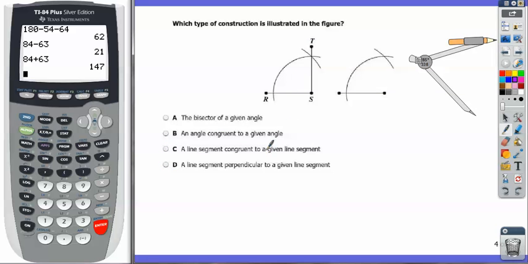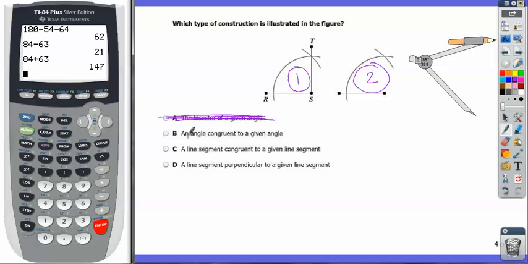Next, these are all my construction problems, and I would have to pretty much use my compass to solve them. But what's going on? It looks like I have 2 separate pictures, one over here and one over here. So I'm not bisecting one angle.